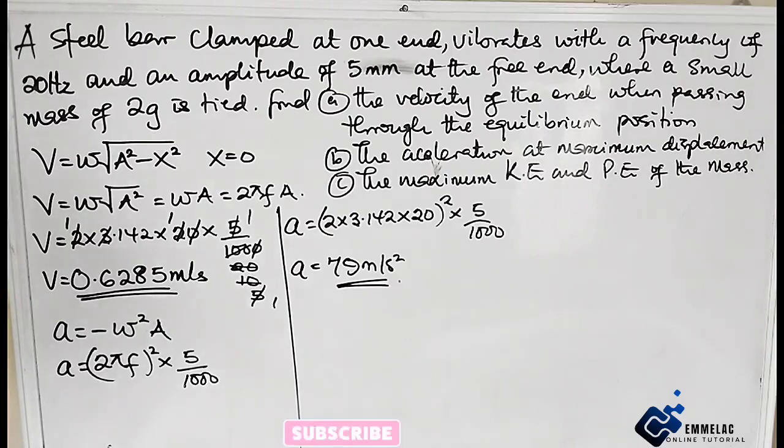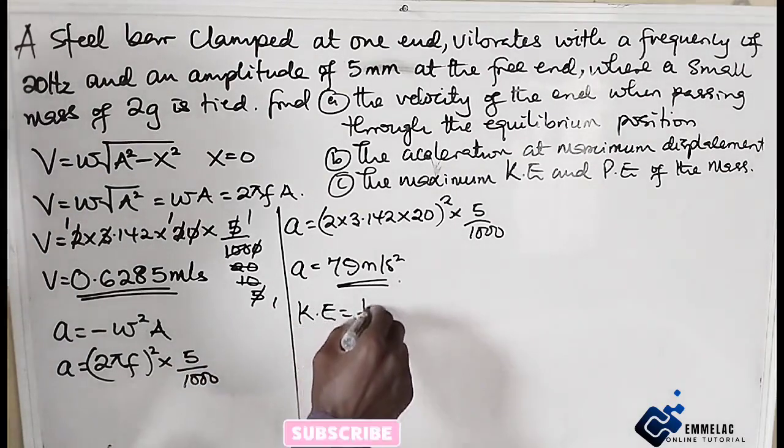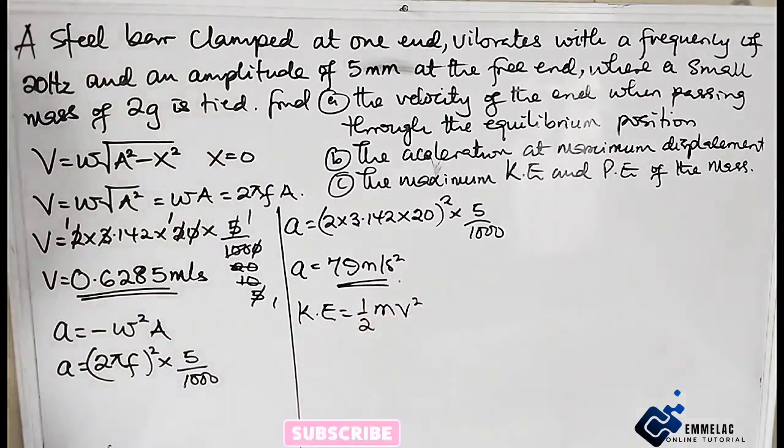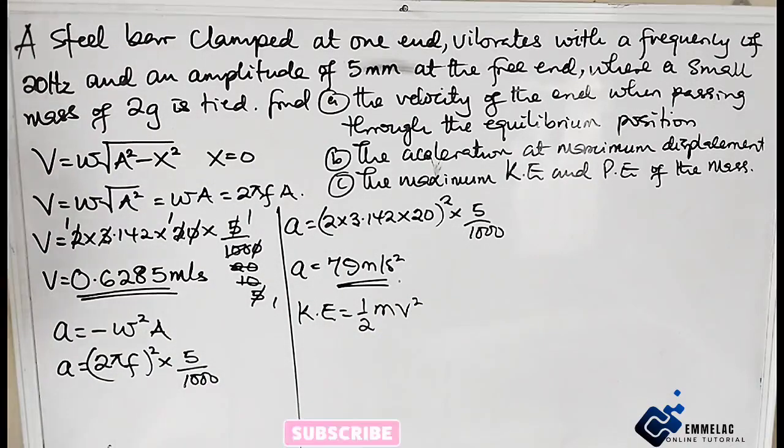And the maximum kinetic energy is given as 1/2 m, sorry, the mass, times the velocity squared. Now we're given the mass, and we need to convert this 2 grams by dividing by 1000, which will give us 0.002 kilogram.